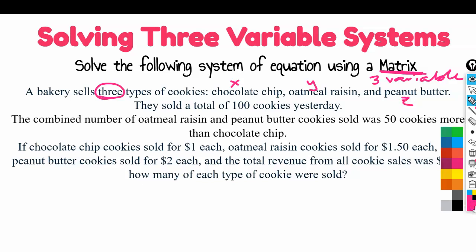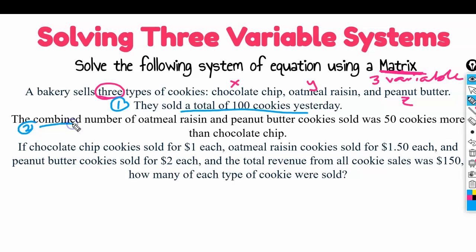All right, this seems important. They sold a total of 100 cookies yesterday. All right, so that'll be definitely my first equation. Then my next sentence is the combined number. So combining usually means I'm adding. Oatmeal raisin and peanut butter cookies sold was 50 more than chocolate chip.